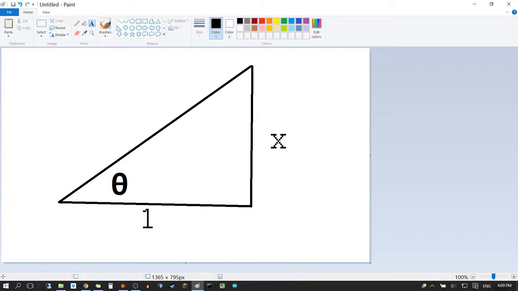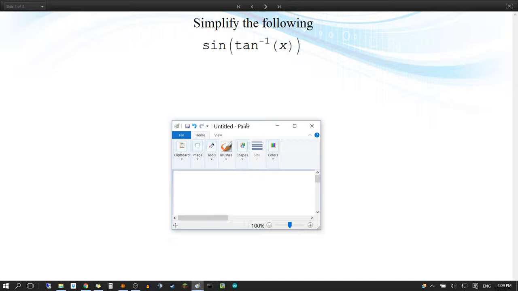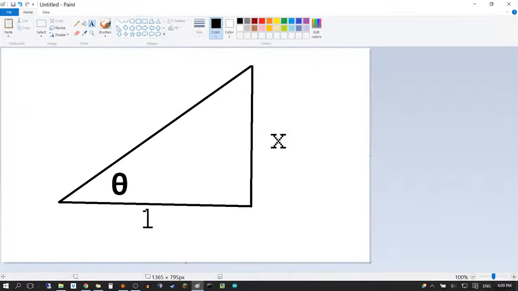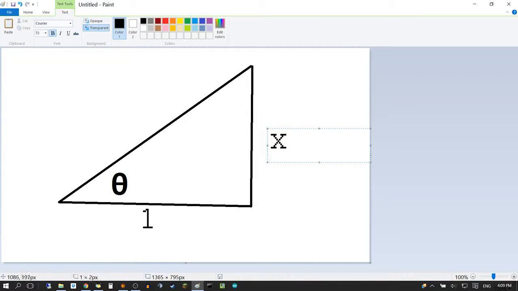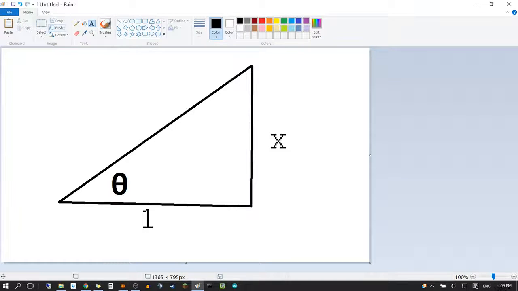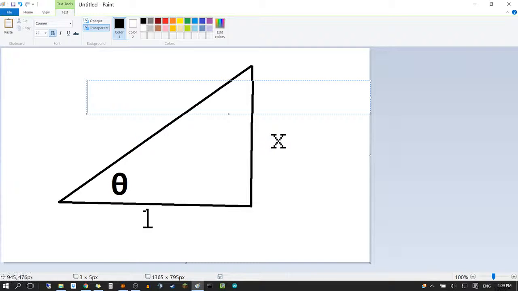And now we're looking for sine of our angle theta. Well, sine is the opposite over the hypotenuse. So what we want is to have this x divided by whatever the length of the hypotenuse is. So we're going to use the Pythagorean theorem.